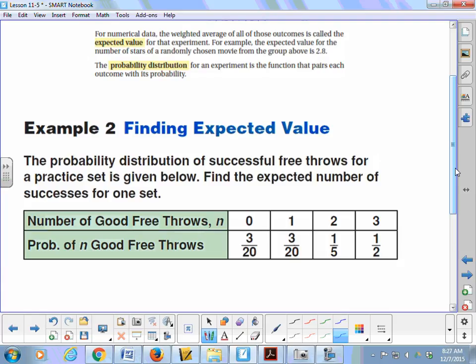And half the time, they made 3 free throws. So this number in the top row is how many free throws they made. This number down here is the probability that that happened.